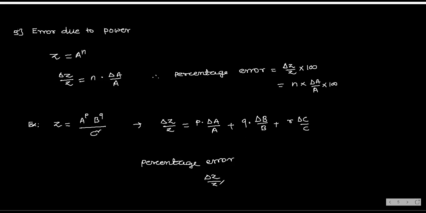Delta z by z into 100 is equal to p into delta a by a into 100 plus q into delta b by b into 100 plus r into delta c by c into 100. Okay, so like this you will get error in case of power. Right? Understood?